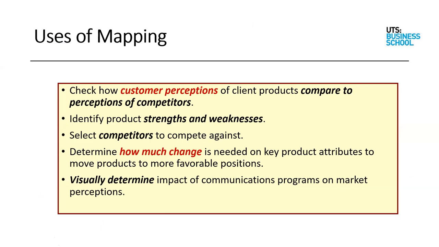So to be able to identify where the different brands exist on the different dimensions, and then you can visually determine how much you want to emphasize on what key product attributes, how much you want to change them to have a more favorable position. And it also helps you to determine visually the impact of communication programs on market perception. So essentially it helps to redesign your marketing, branding, communication strategies.